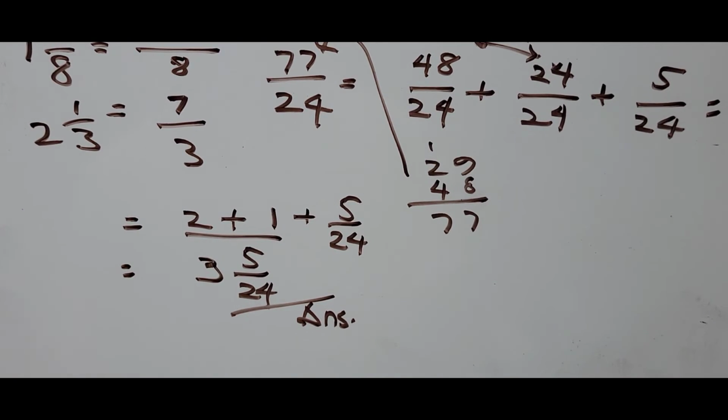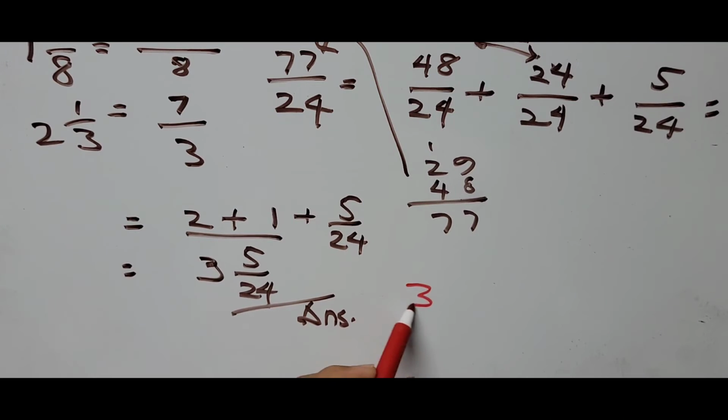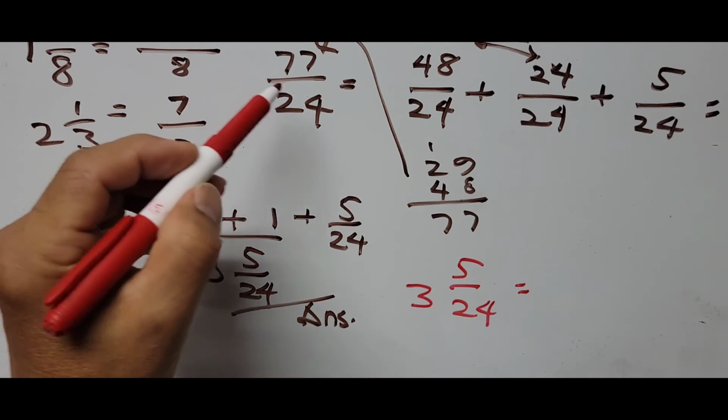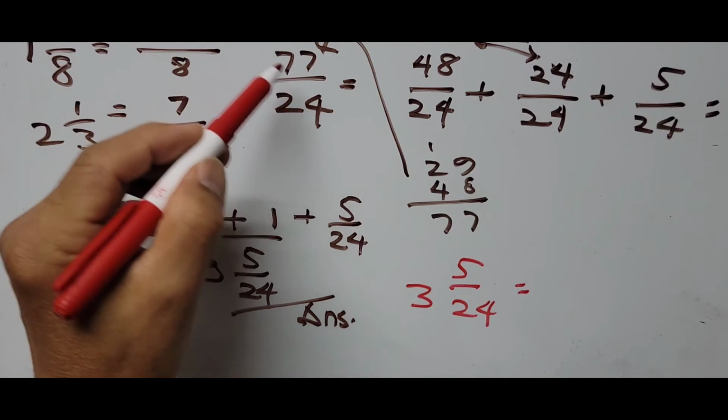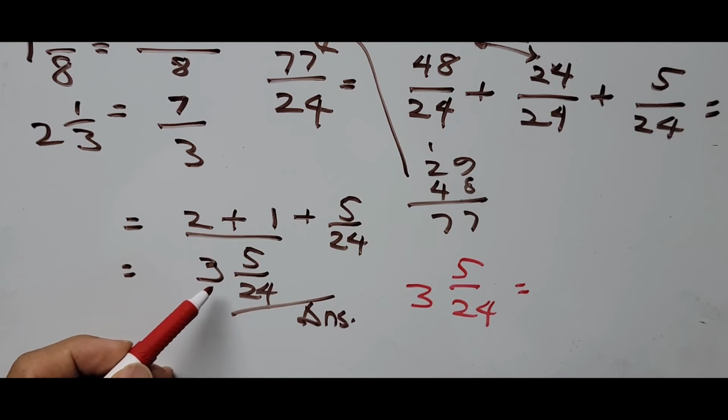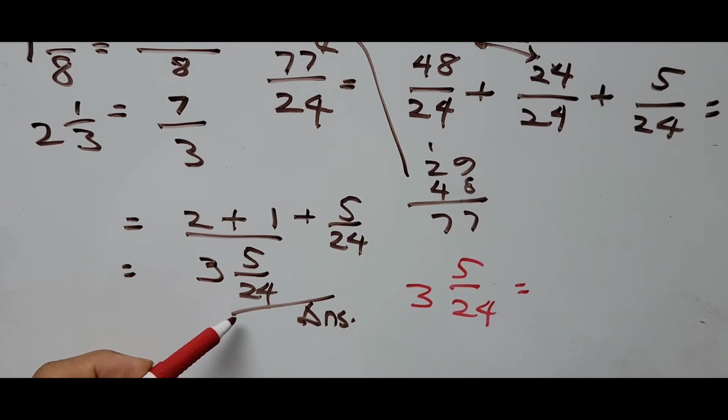So we go back to this mixed number over here. So that's 3 and 5 over 24. Now let's find out if this answer over here, 77 over 24, is the same as 3 and 5 over 24.